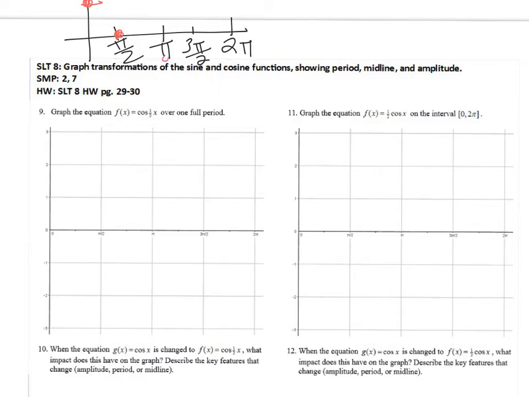Go to the middle, and then the minimum, and then the middle, and then the max. So we have the pattern of max to middle to minimum, back to middle, and ending at a maximum. So those are our 5 critical values, our 5 key points when we graph the cosine function.